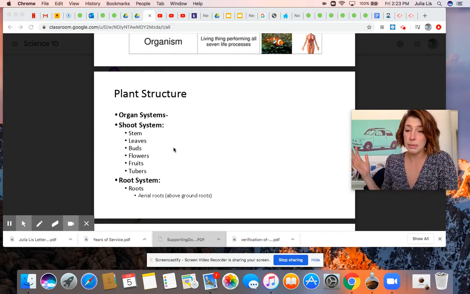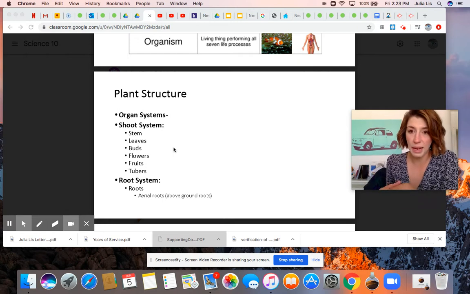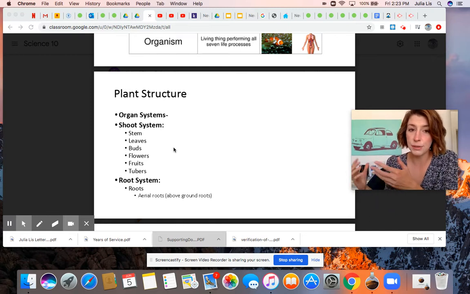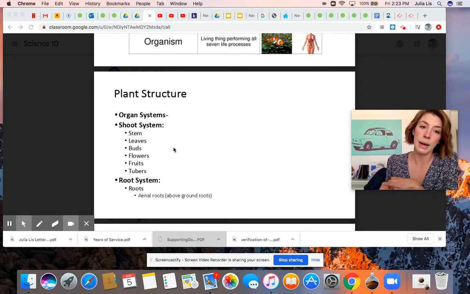The shoot system is a lot more complex than the root system. When you look at a flowering plant, you're going to see the stem, you're going to see leaves or buds or a fruiting body or flowers. And so those are all making up the shoot system, where you'll see the reproductive structures and structures for photosynthesis.